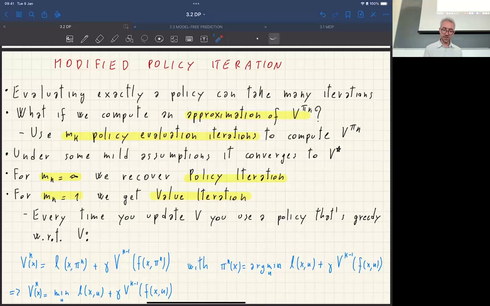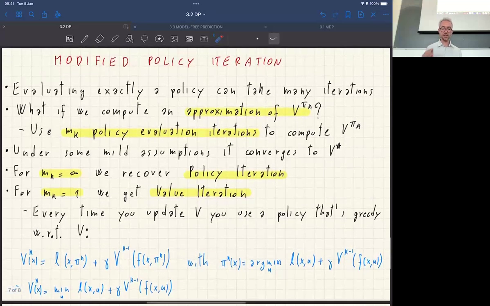And there is an interesting aspect here, is that if we stop this evaluation process after only one iteration, which is of course the bare minimum we can do, then we get a new algorithm, which is called value iteration, which is the second algorithm I was talking about before.